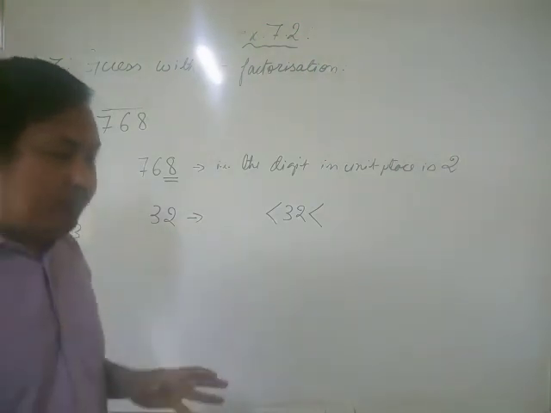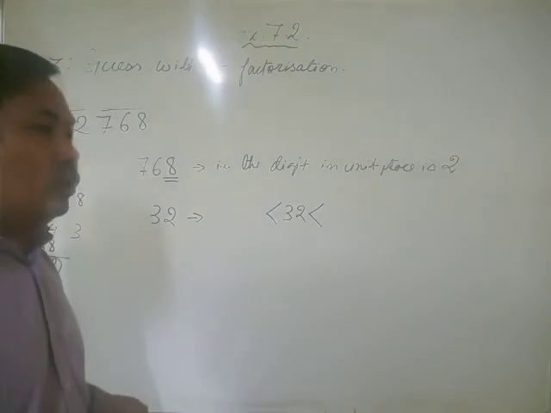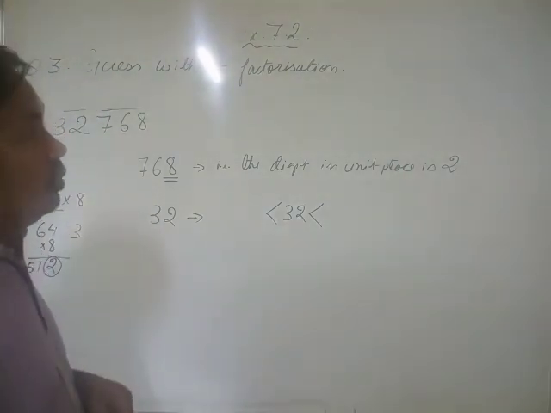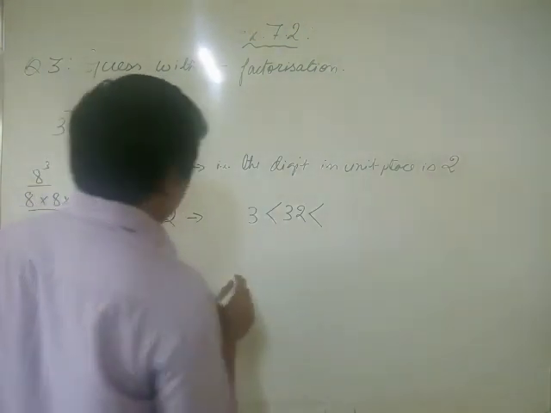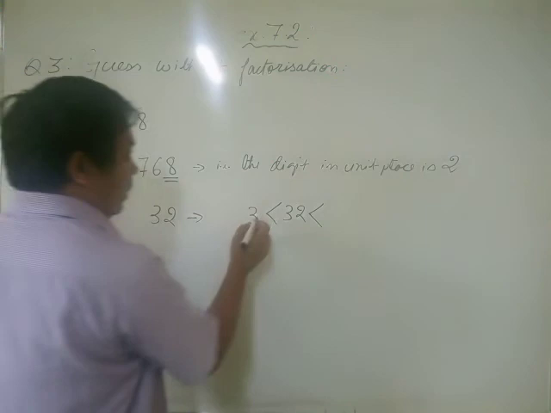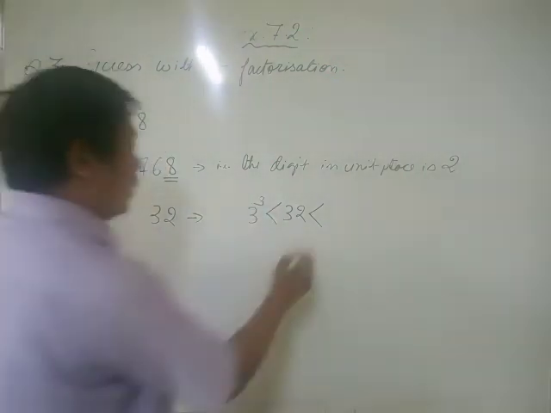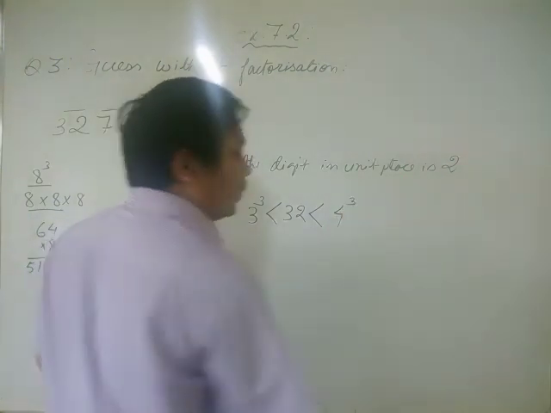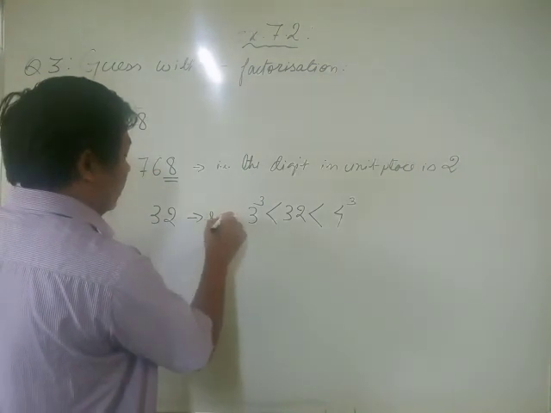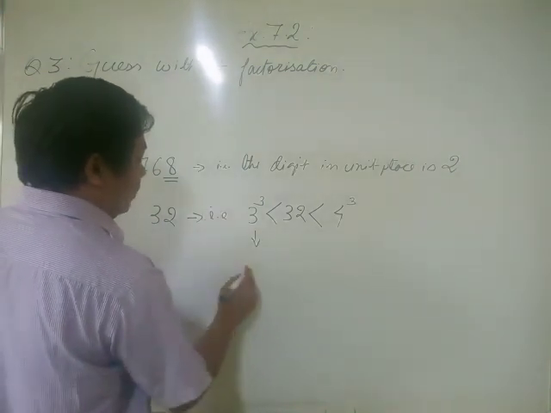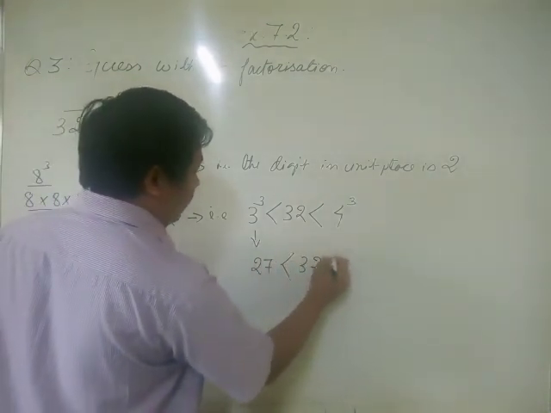You see here, 2 cube is 8, and 3 cube, and 4 cube. 3 cube is 27, isn't it? And 32 lies between 3 cube and 4 cube.